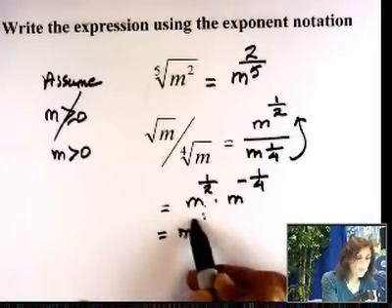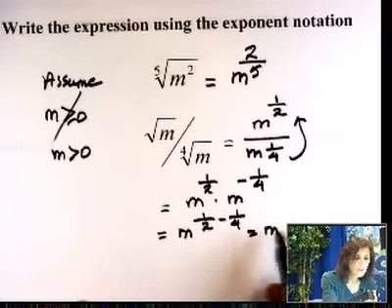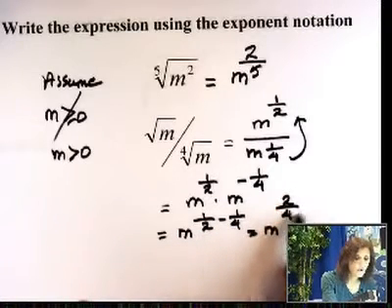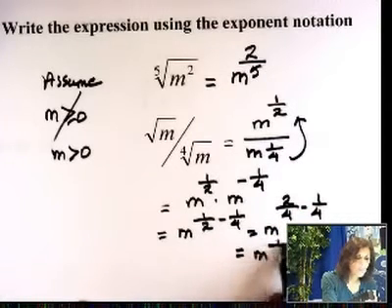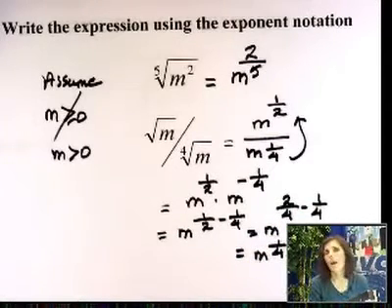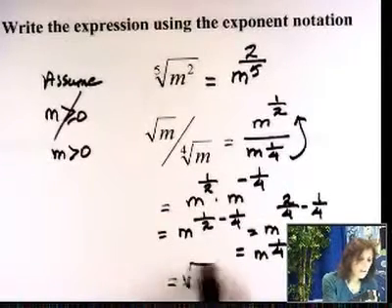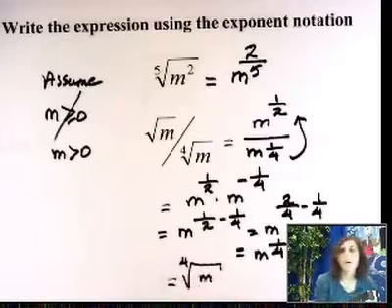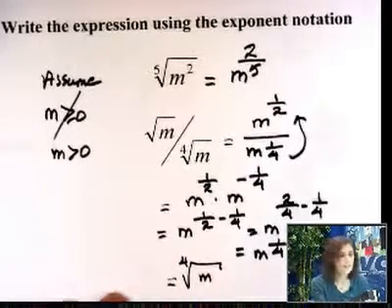M, 1/2 minus 1/4. Do the same denominator deal. This is 2 over 4 minus 1 over 4. And that gives me m to the 1 over 4. Can you go back to the radical notation? If I'm asked, why not? Alright? So be familiar with using either notation.